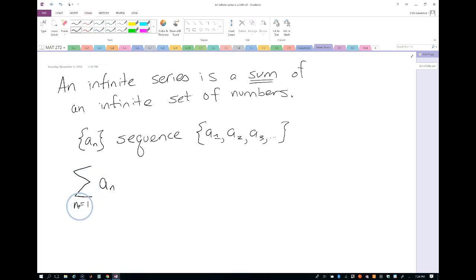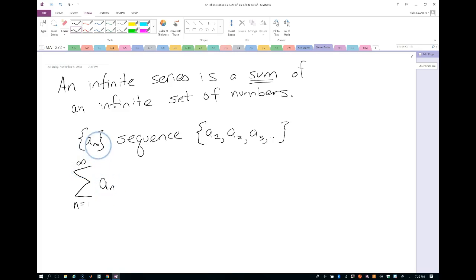Underneath the sigma symbol, we're going to state which value of n we're going to start this series at. And above the sigma symbol, we write what value of n we're going to end it at. And in order for it to be an infinite series, we need to continue this sum forever.